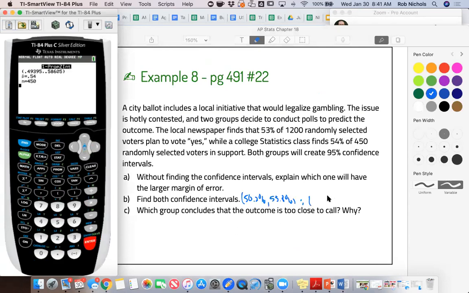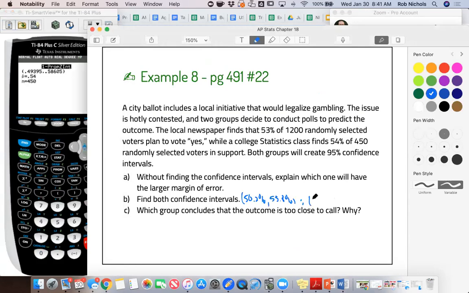The confidence interval for the stat class is 49.4% to 58.6%. So which group concludes that the outcome is too close to call? The statistics class should conclude that the outcome is too close to call because 50% is in their interval, whereas for the newspaper, 50% is outside of their interval.